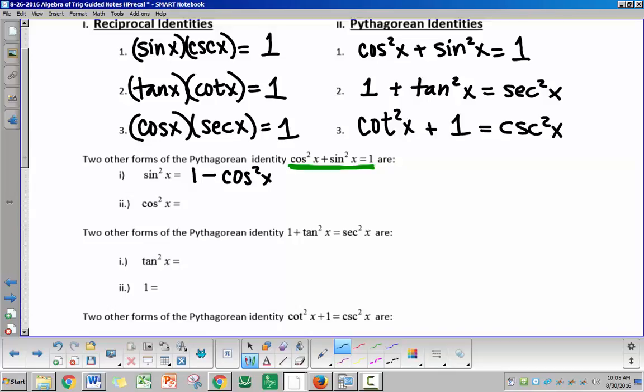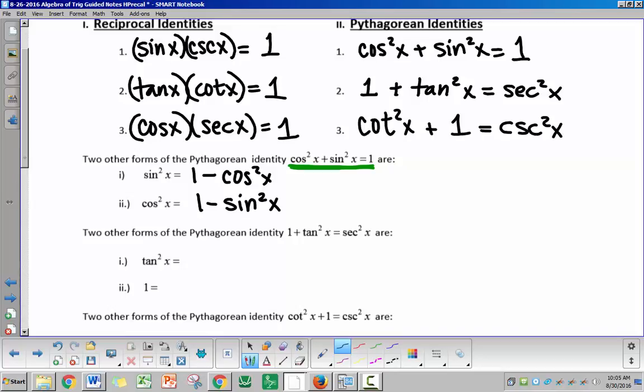Everybody follow that? All I did was subtract cosine squared x from both sides. Similarly, what could I do with cosine squared x if I wanted to solve for it? What's that going to equal? That's right, so it would be 1 minus sine squared x.